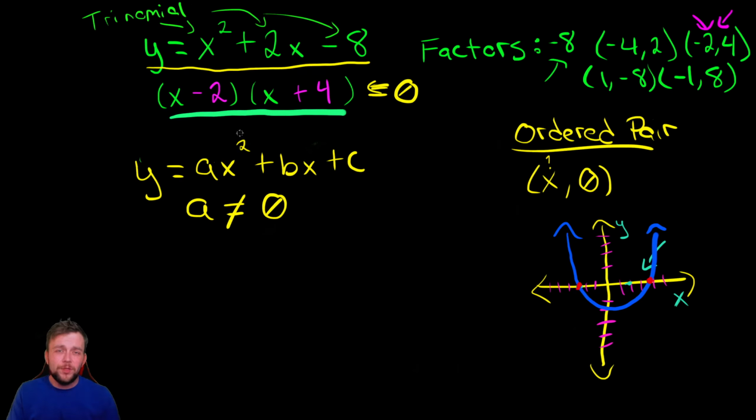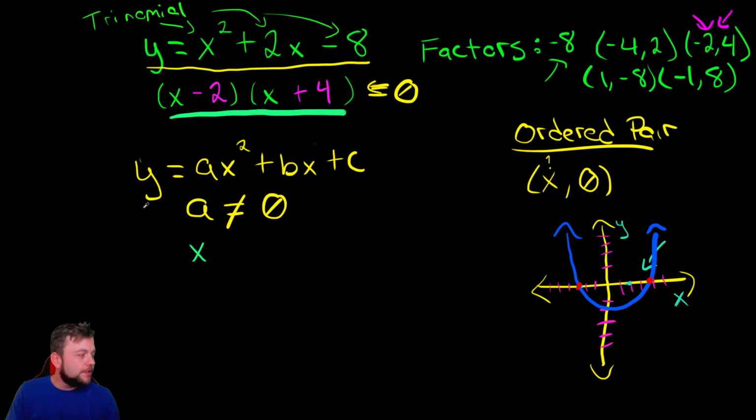When you have two things being multiplied, a times b equals 0, that means that either one of them is 0 or both of them are 0. So either a is 0, b is 0, or they're both 0. Because that must be true, we can set both of these equal to 0. So we set x minus 2 equal to 0.